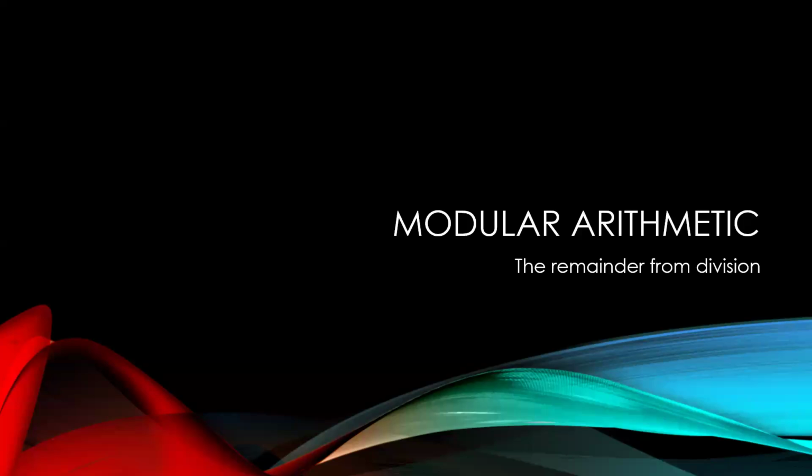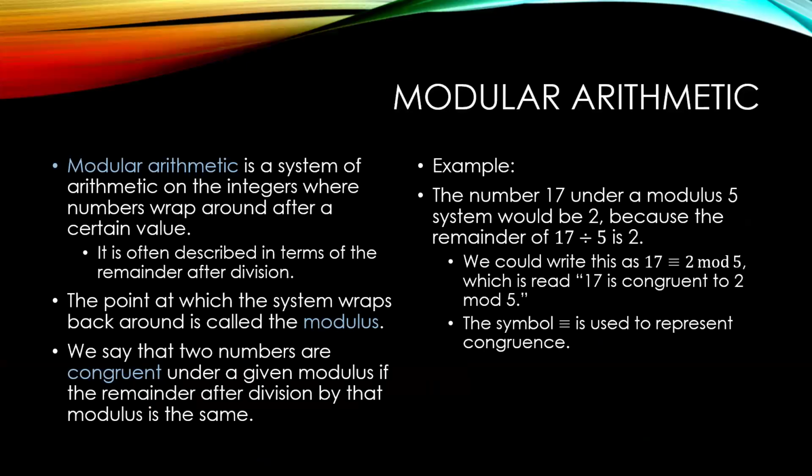Our first example is going to be modular arithmetic, which is the remainder from division. Modular arithmetic is a system of arithmetic on the integers where numbers wrap around after a certain value. It's often described in terms of the remainder after division.